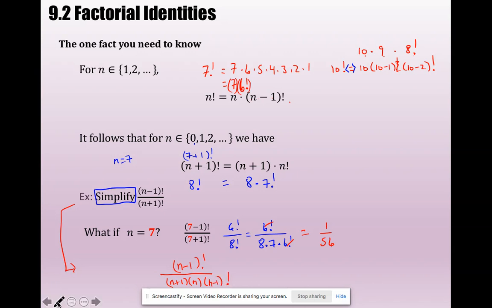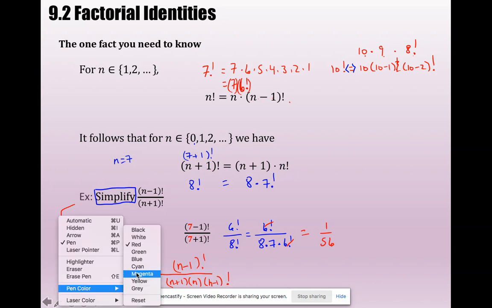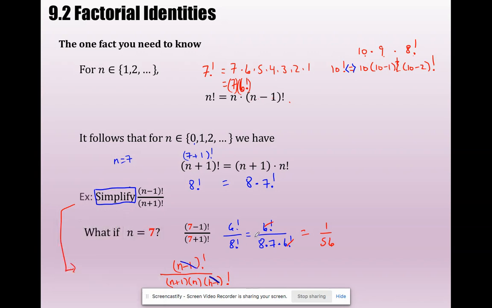And what happens to the n minus 1 factorials? Bye-bye, just like up here. So if it throws you what happens when it's n's, just put a number in for n and see what happens. So this, of course, is 1 over n plus 1 times n, or I could rewrite this as 1 over n squared plus n.